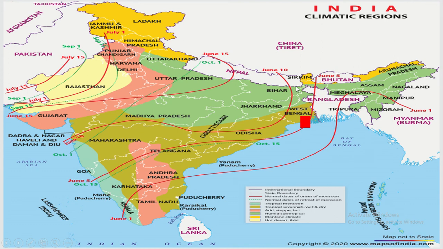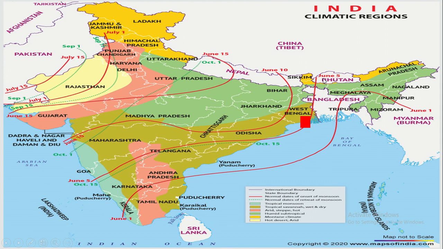So this is the regional map of India. Here is Calcutta, this red color represents Calcutta. Here is our Bangladesh. In the northwestern part, India covers one third of Bangladesh. Here is West Bengal, here Calcutta.